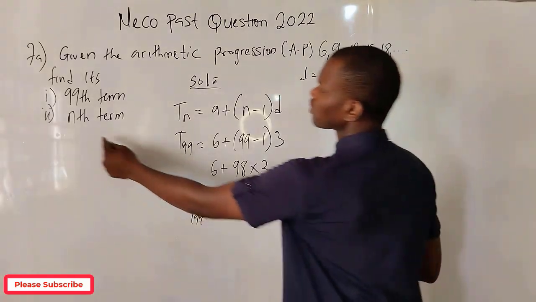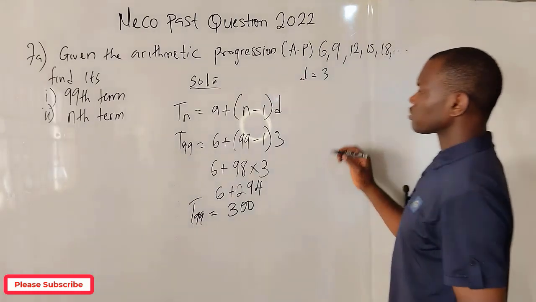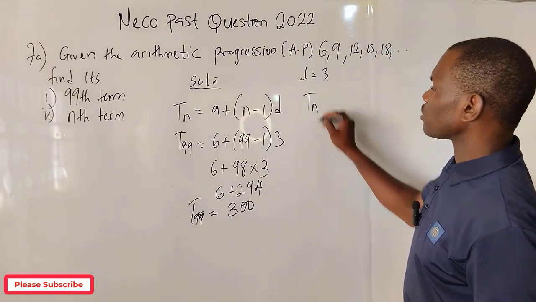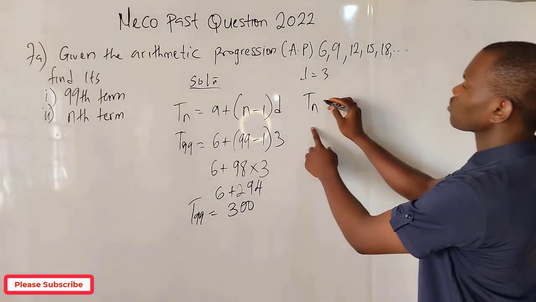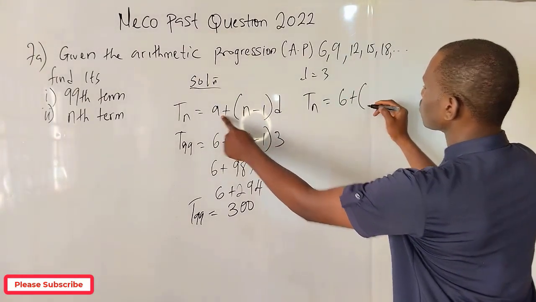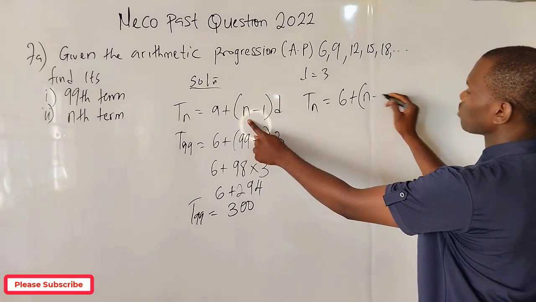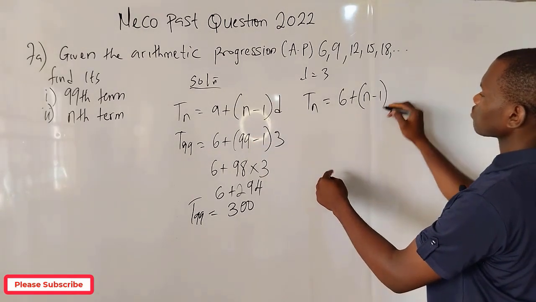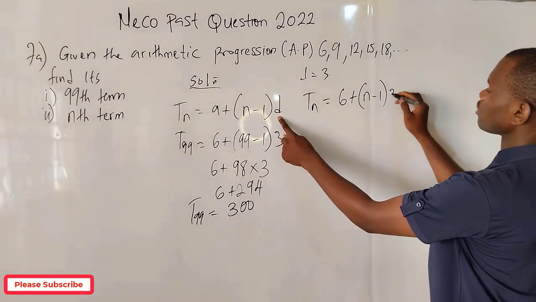Then the next thing we are asked to get is our nth term. For our nth term, that means our answer will be in terms of n. So we just substitute. The first term is 6, plus our n, which we don't know, that is what we are looking for, the nth term. Then our common difference is 3.